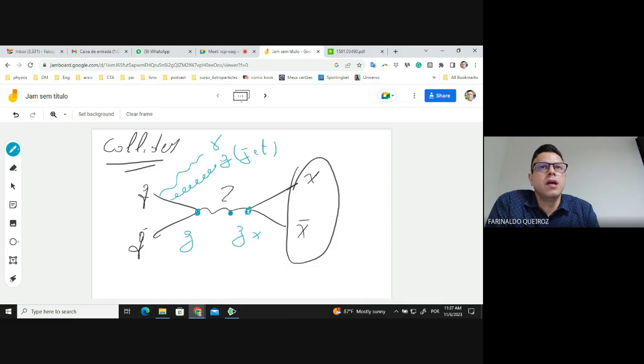It could be long-lived, not necessarily produced by the collision itself.